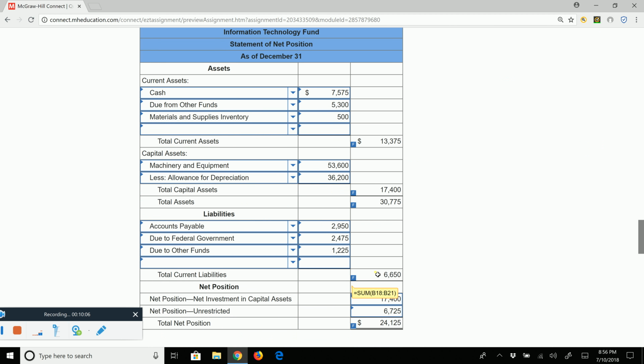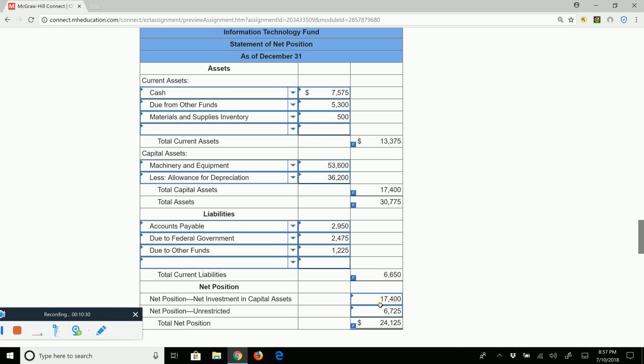So when we prepare our balance sheet or our statement of net position, you can see it's a classified balance sheet. We have our current assets, then we have our fixed assets known as capital assets. And on the opposite side, we have our liabilities, and here are our two categories of net position. We have our net investment in capital assets.